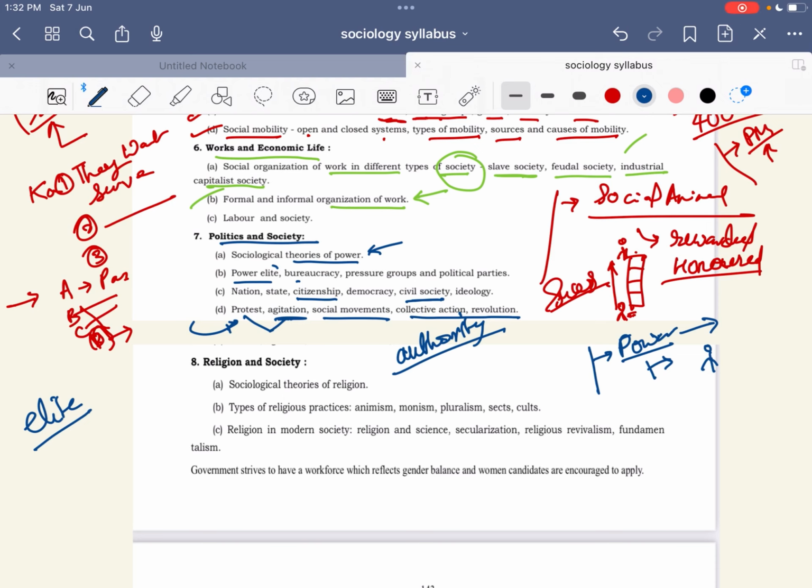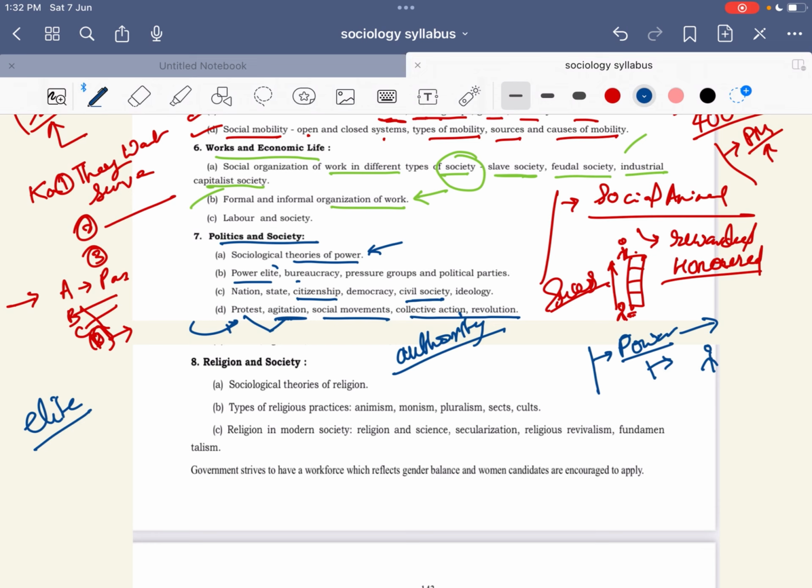And when you see protest, agitation, social movement, collective action, whenever you are reading the Hindu newspaper, understand what I am telling. Whenever you come across some protest, write it in some book, you can use it as an example in your paper when you will get the chance to write.